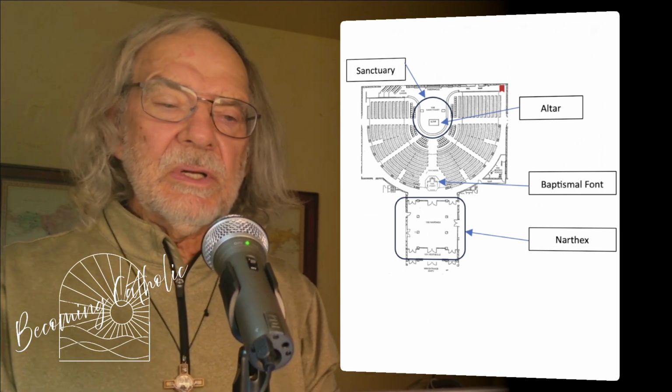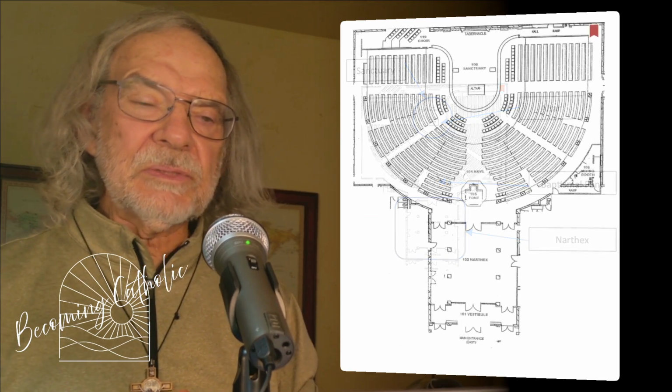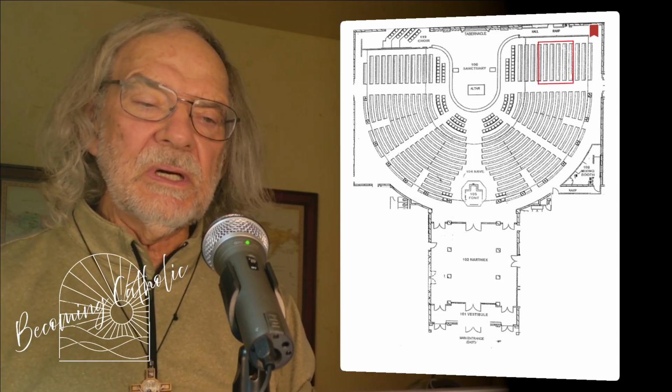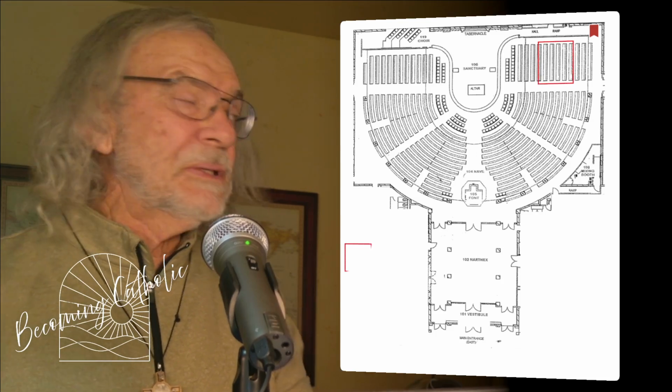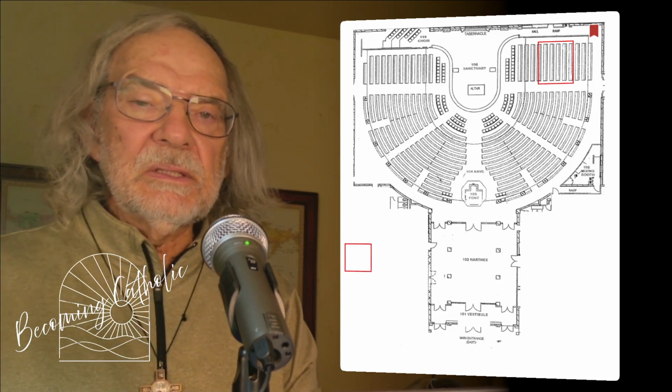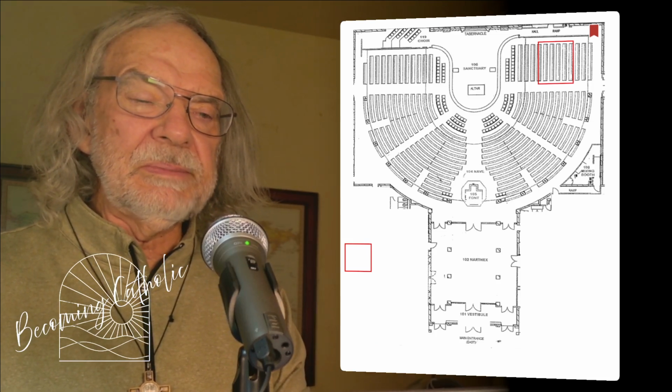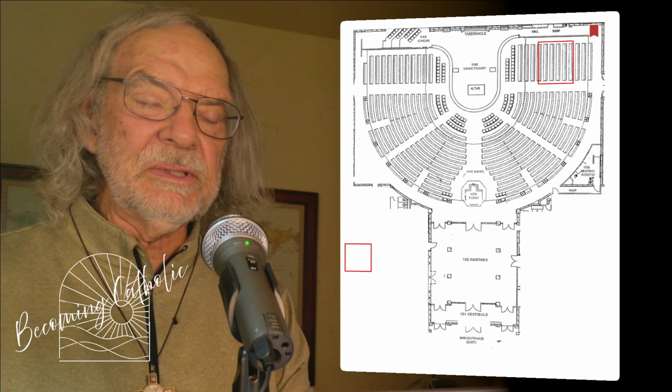But to start off with, I'll show you where your sponsors are going to be seated, to the far right of the sanctuary, as you can see here on the slide. And you will be sitting there eventually as well, but to start with, you will be in the education building.